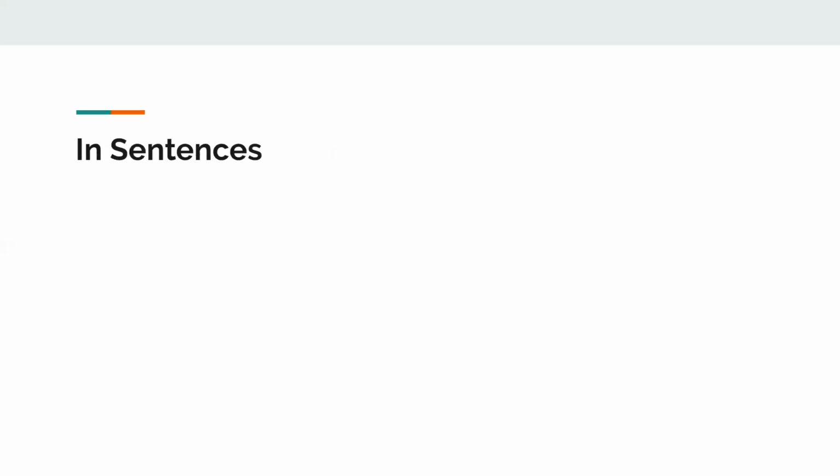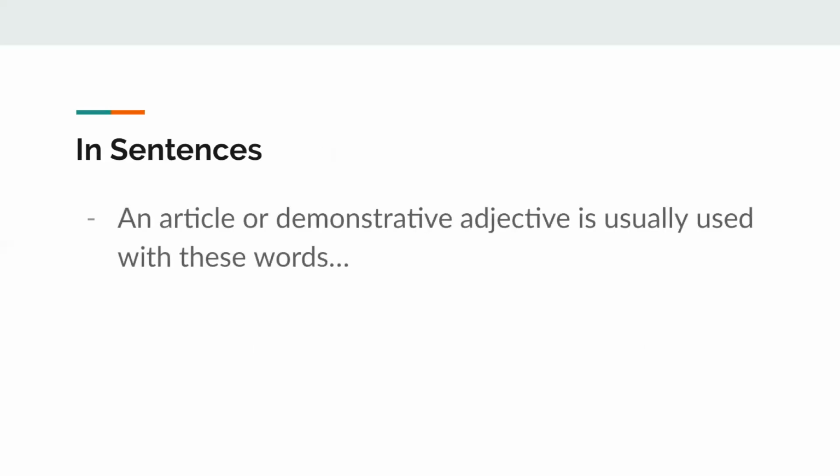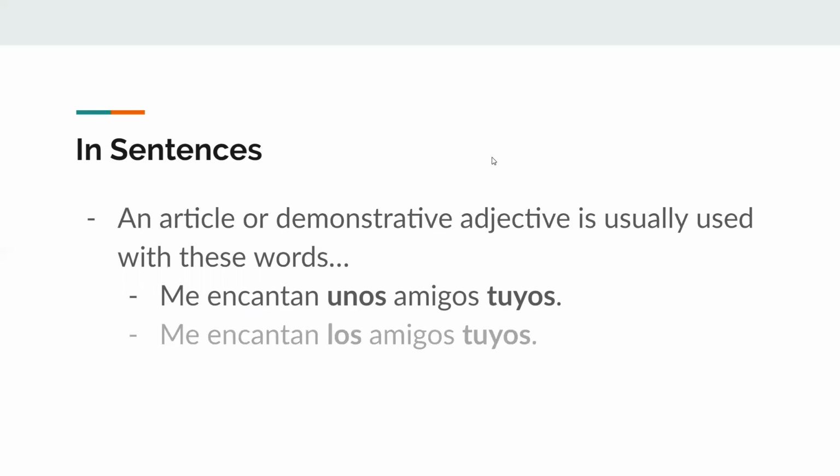So in sentences, what is this going to look like? An article or demonstrative adjective is usually used with these words. For example, me encantan unos amigos tuyos. This says, I love some of your friends. The second sentence says, me encantan los amigos tuyos.